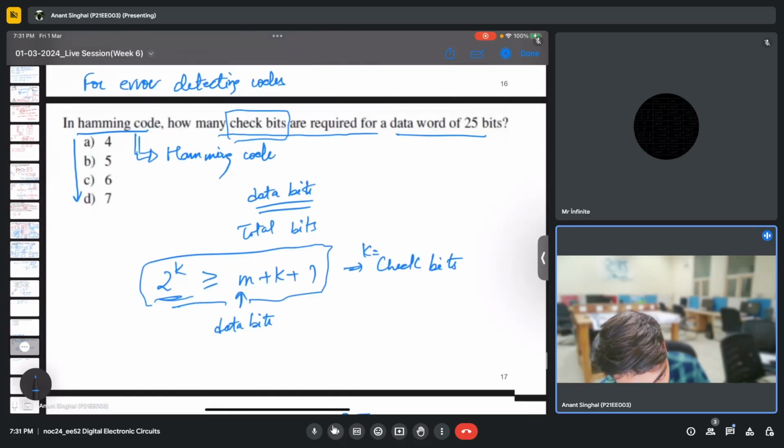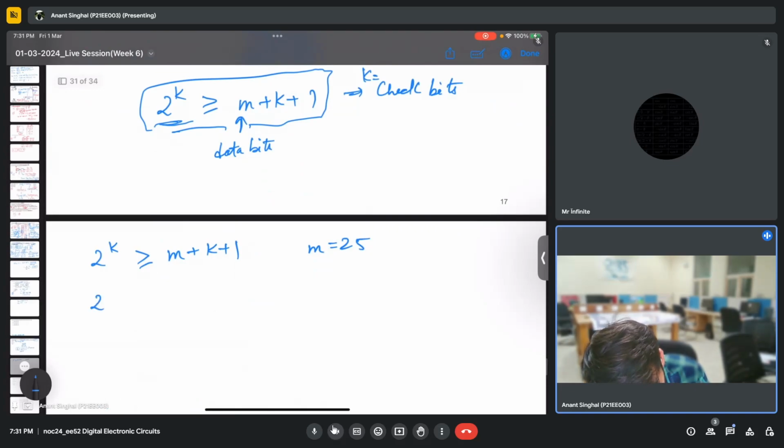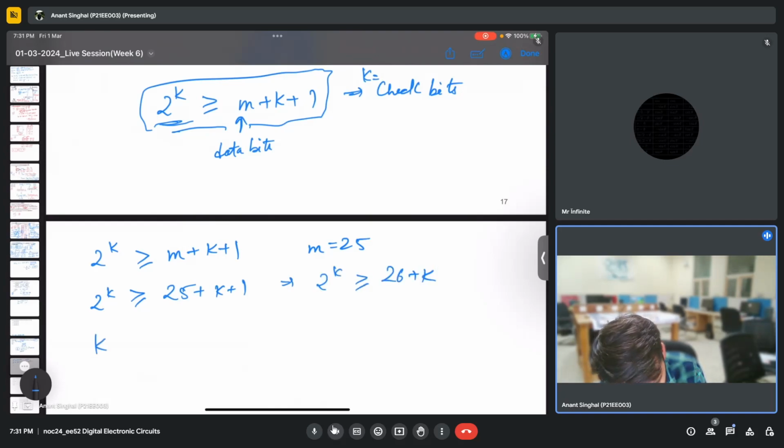So 2 raised to the power k should be greater than or equal to 26 plus k. For k equals 4, the first option, 2 raised to the power 4 is 16, which should be greater than or equal to 30, which is wrong.